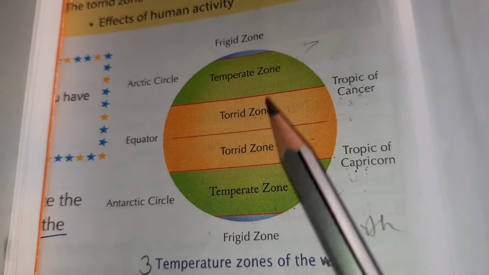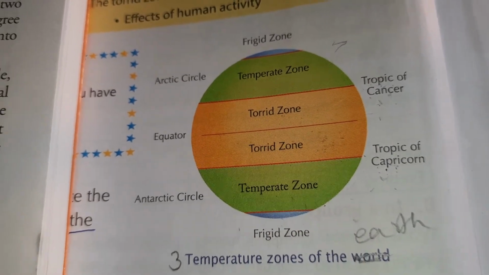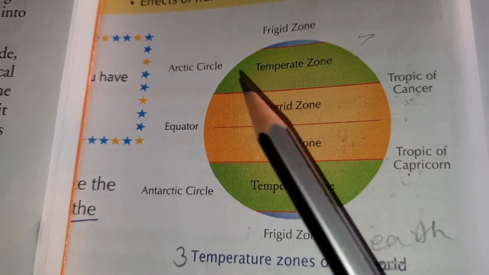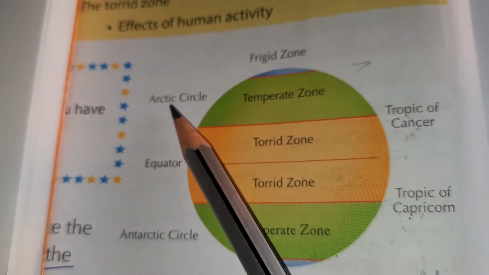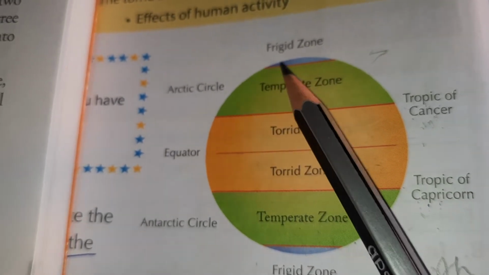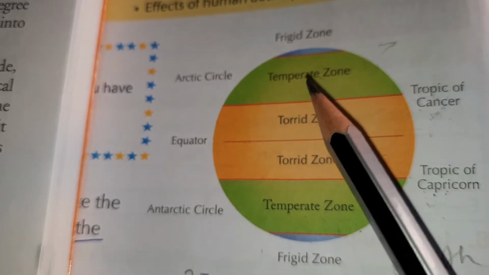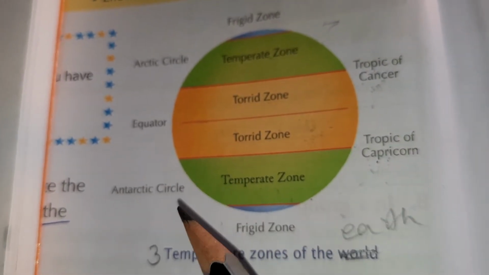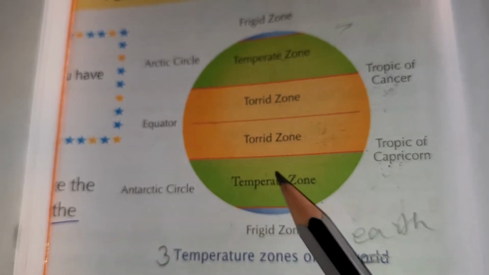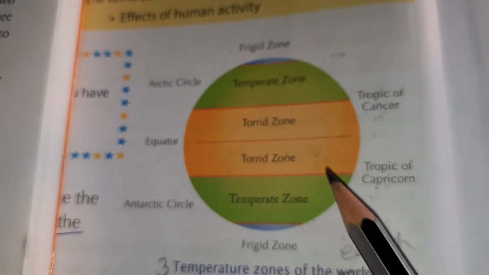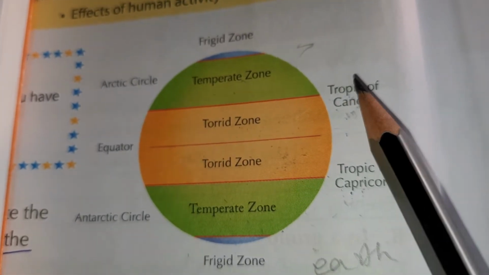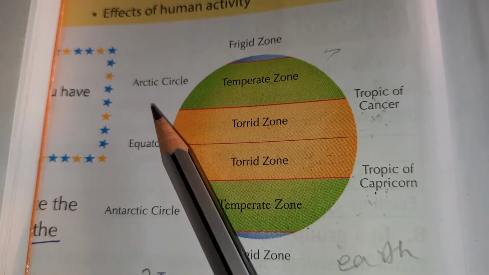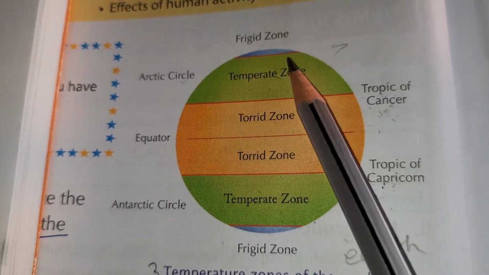So this temperate zone lies between the Tropic of Cancer and the Arctic Circle in the northern hemisphere, and between the Tropic of Capricorn and Antarctic Circle in the southern hemisphere.